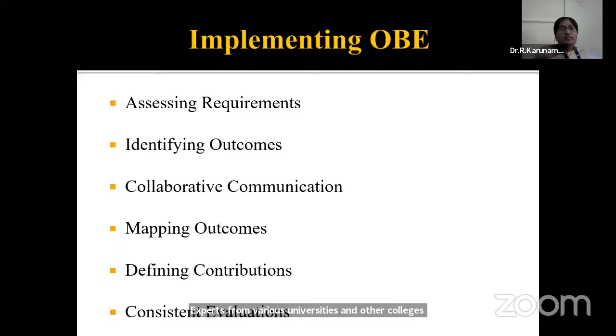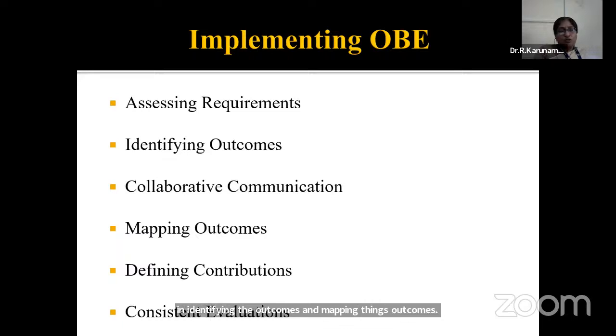All this feedback and the evaluation of the feedback, and the collaborative communication we have after the evaluation of the feedback, help in identifying the outcomes and mapping the outcomes.